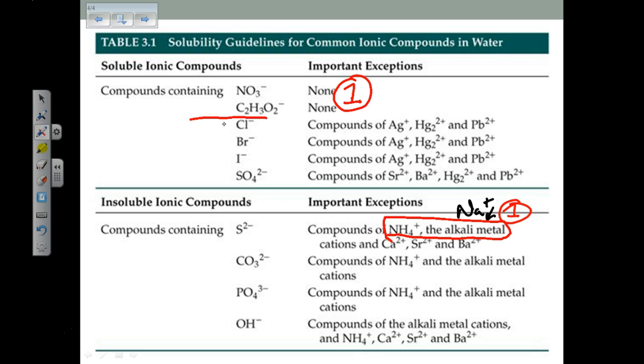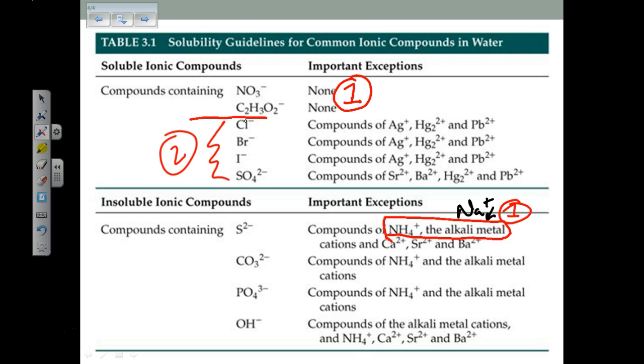Now these guys here, chloride, bromide, iodide, and sulfate, I would put as number 2 of the solubility rules to have memorized, because I think that most of the time silver, lead, and mercury are the exceptions.